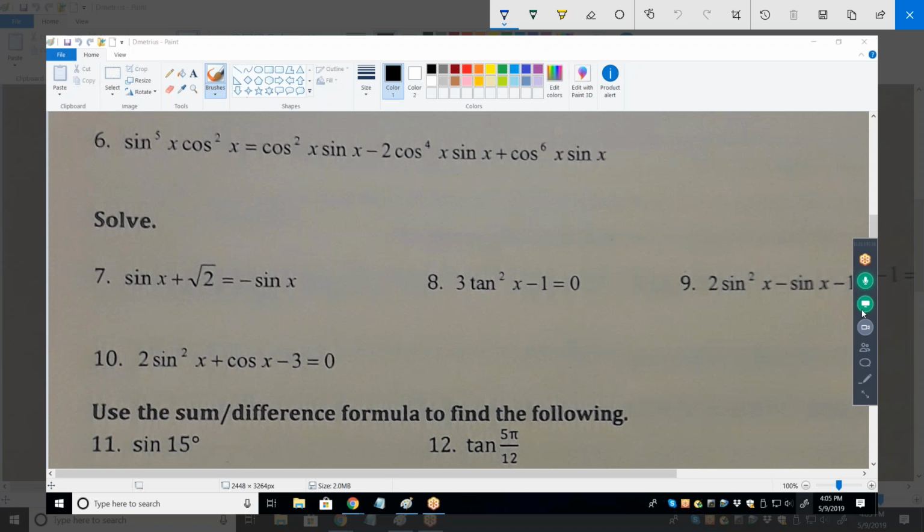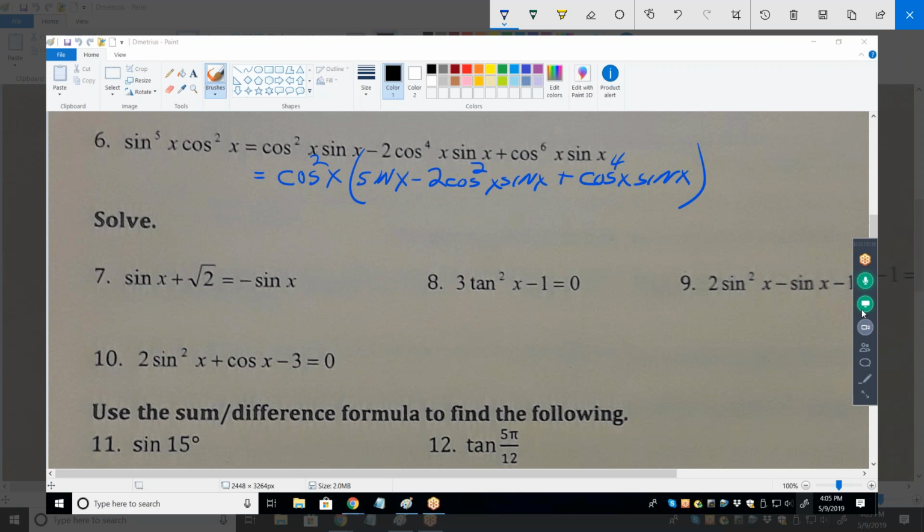We talked about this a little bit, and the fact that we could take out a cosine squared from the right side, leaving sine x minus 2 cosine squared x sine x plus cosine 4th x sine x. In other words, all I did to the right side was factor out a cosine squared.